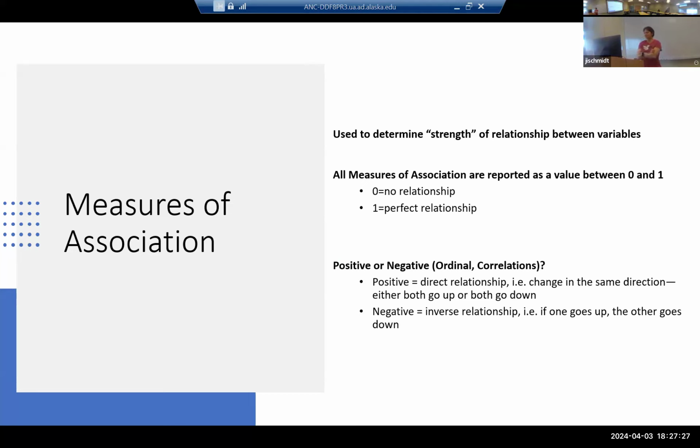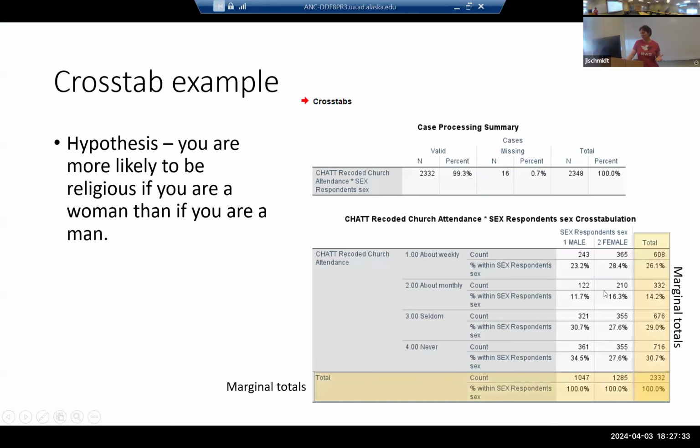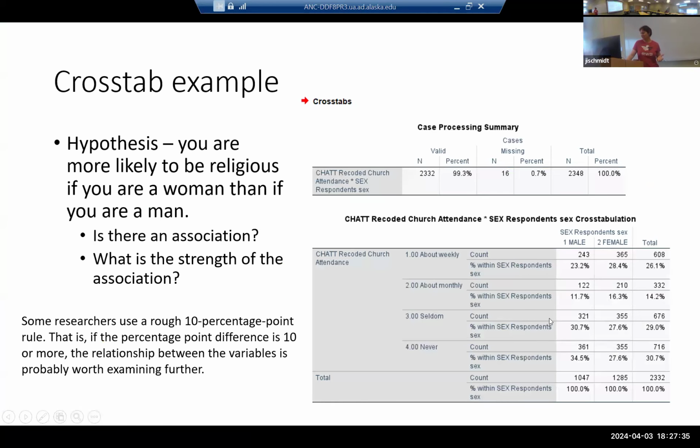In the example of gender, would there really be a direction to that? If we go back and look at this table, is there a direction to this association? Does it make sense to have a positive or negative association here? No, it doesn't, because you're either one gender or you're not.